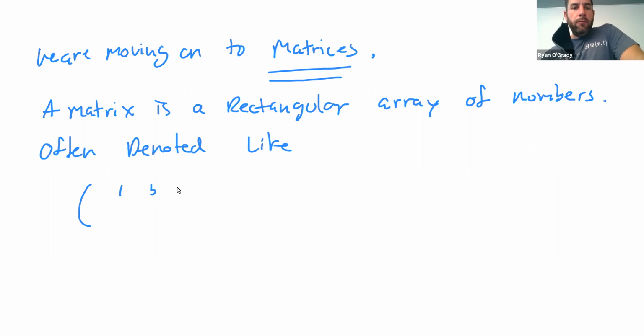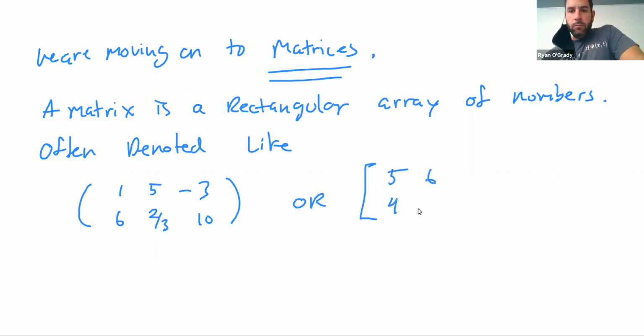How about 1, 5, -3, 6, 2/3, 10. Or sometimes we use square brackets, like this.